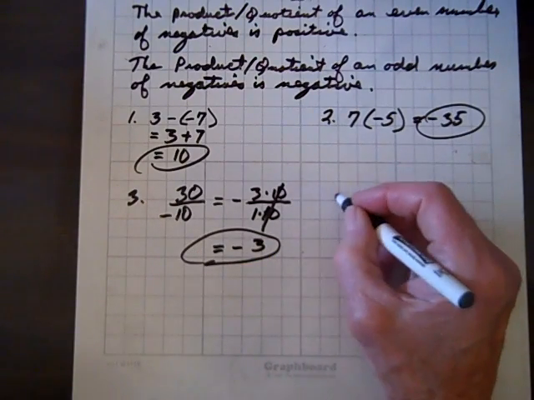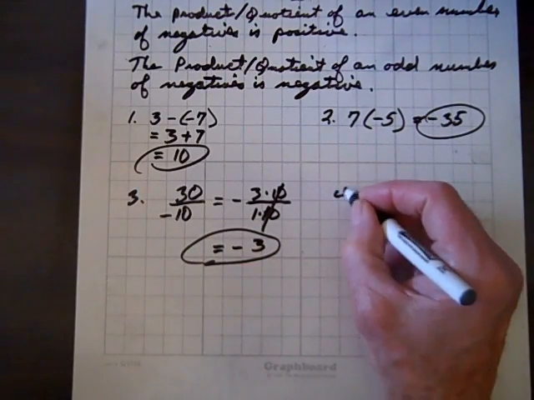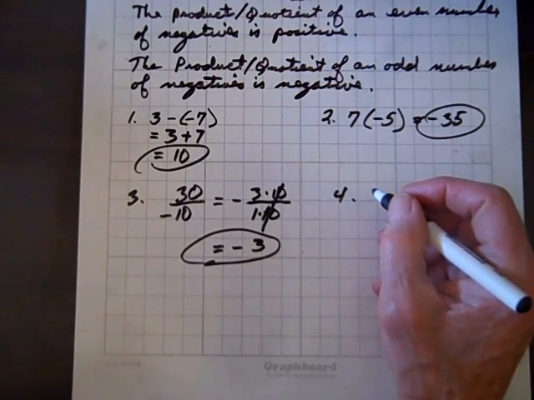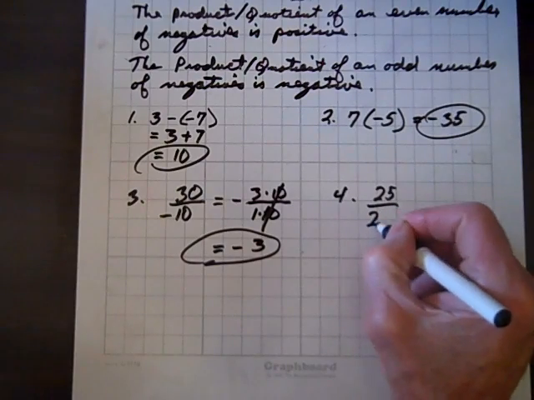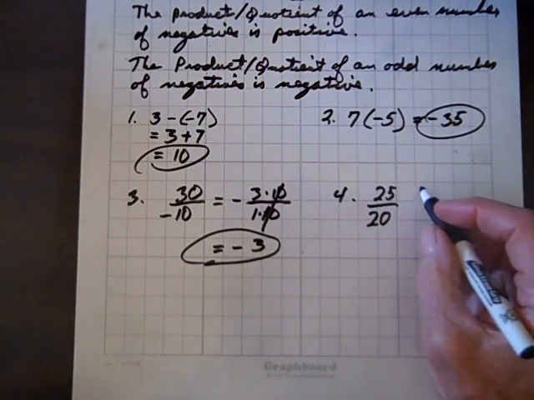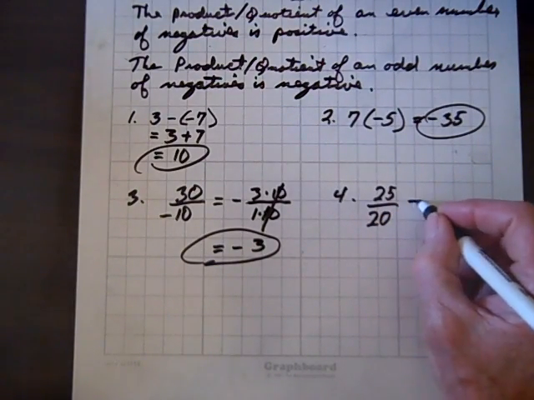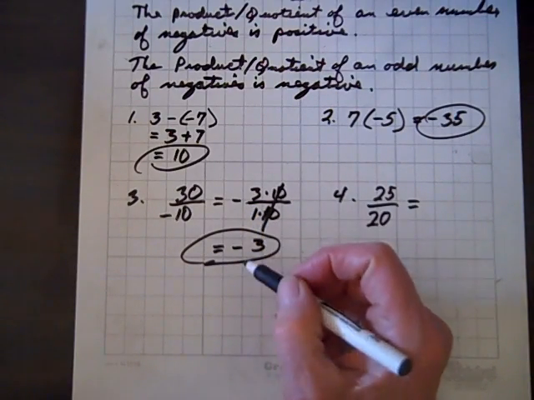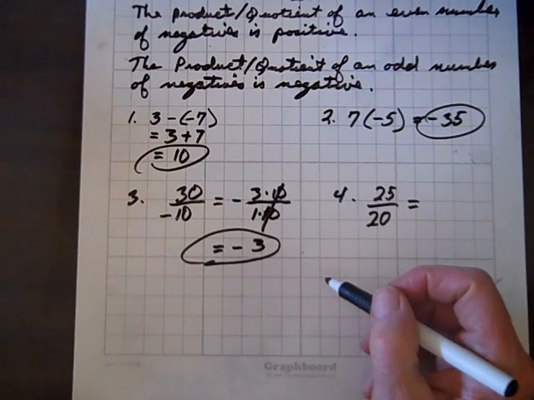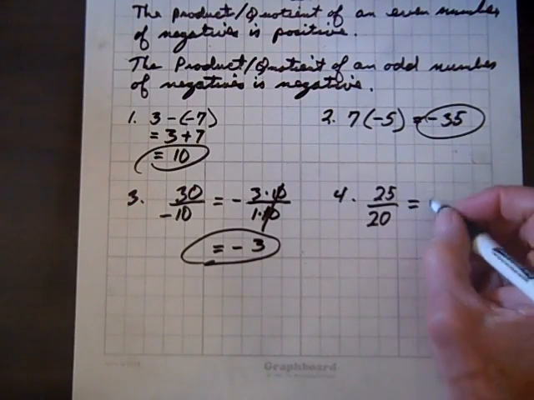So, number 4, let's see what we have. Oh yes, 25 over 20. And we have to simplify this or reduce. So notice, for this problem over here, I factored first and then divided out common factors. So we're going to do the same thing here.